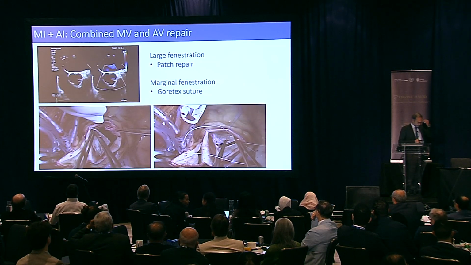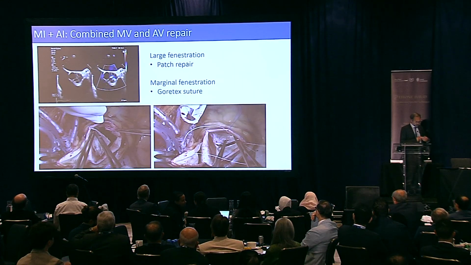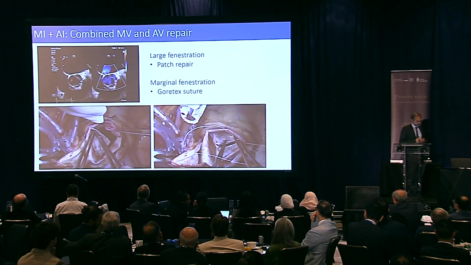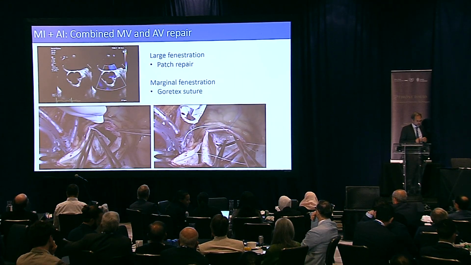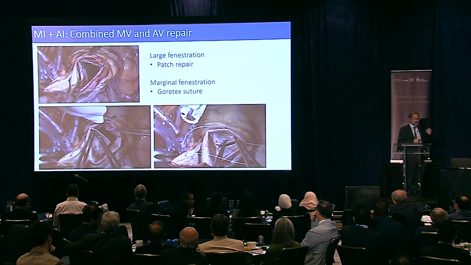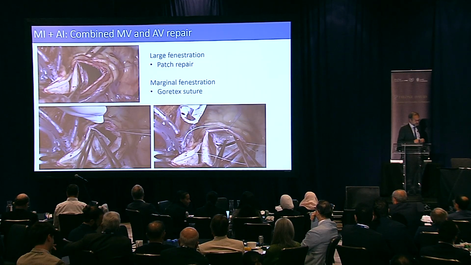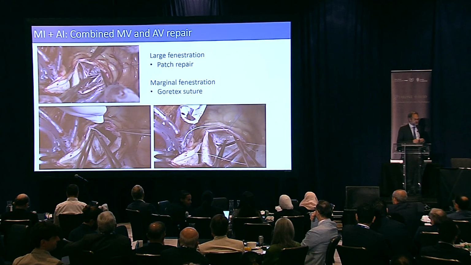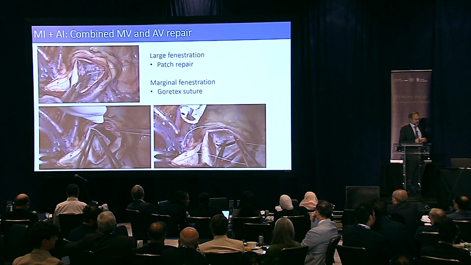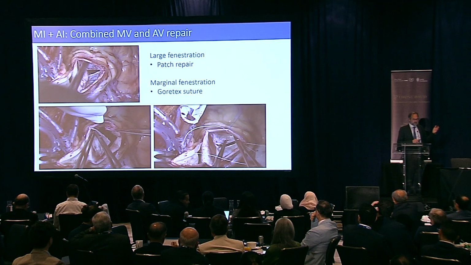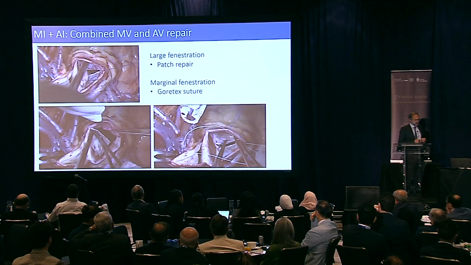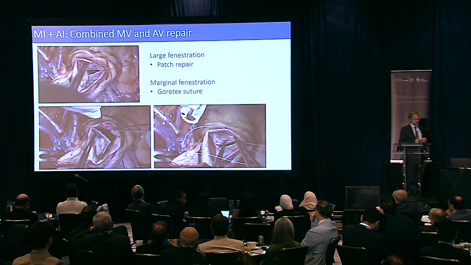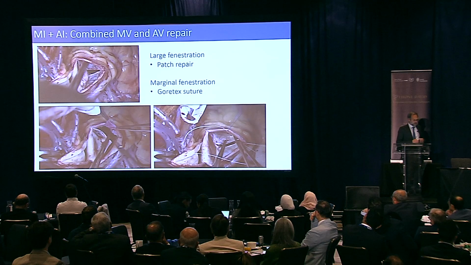An example of patients with several fenestrations. Look on the echo, you see that the AI originates from this commissure between the left and the none, which is a frequently diseased commissure. And there was one large fenestration on the left coronary cusp, and a marginal fenestration on the right coronary cusp.